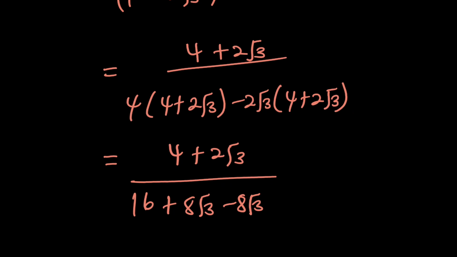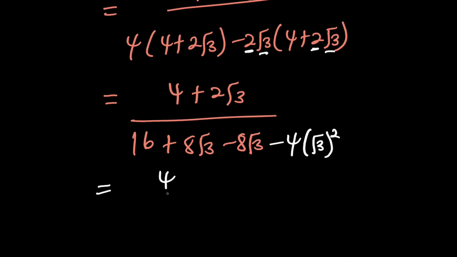It's going to be minus (2 root 3) squared, okay? Or if you don't want to complicate things, 2 times 2 is going to give us minus 4, and then root 3 times root 3 is going to give us root 3 squared. So simplifying from here, you're going to get 4 plus 2 root 3 all over 16.